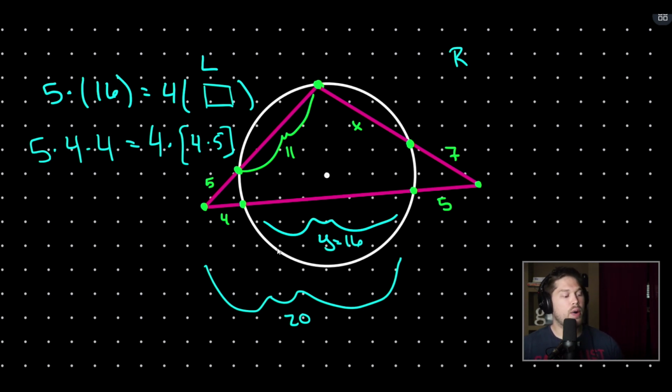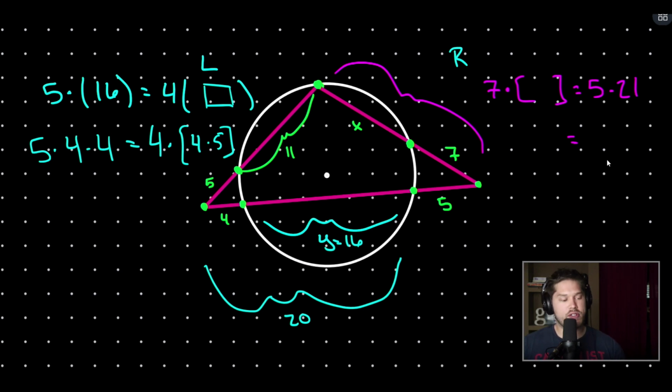Okay, now I have enough information to solve for x, in that I have 7 times my unknown full length is equal to 5 times 5 plus 16, which is 21.